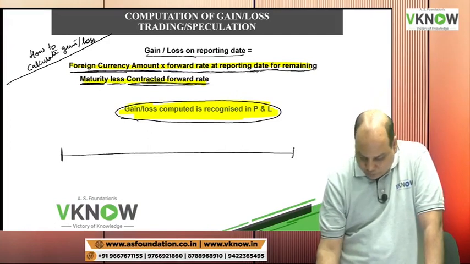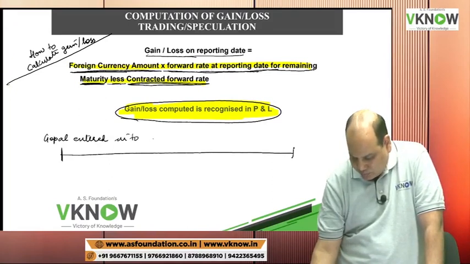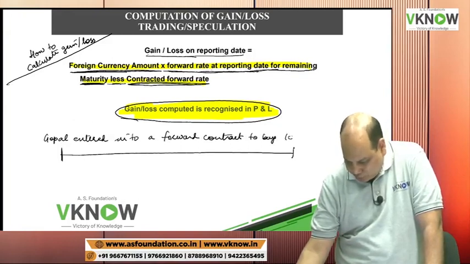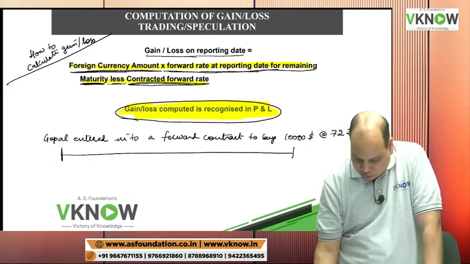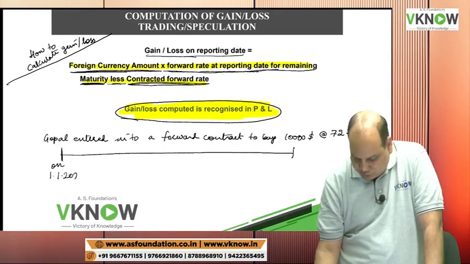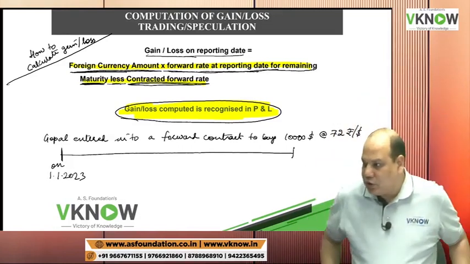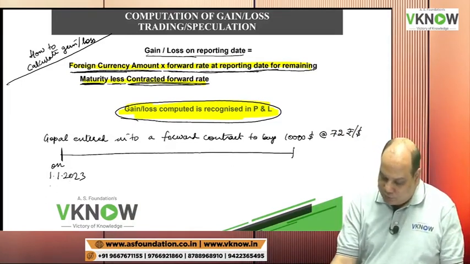So suppose Gopal entered into a forward contract to purchase $10,000 at rupees 72 per dollar on 1st January 2023.